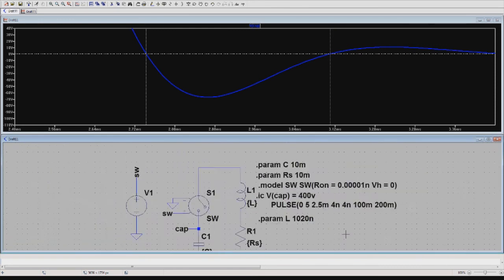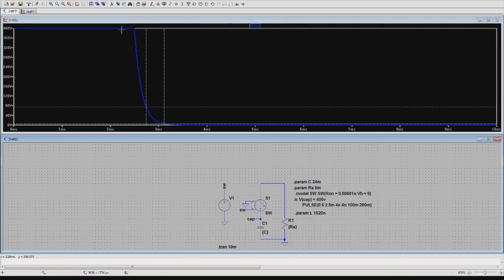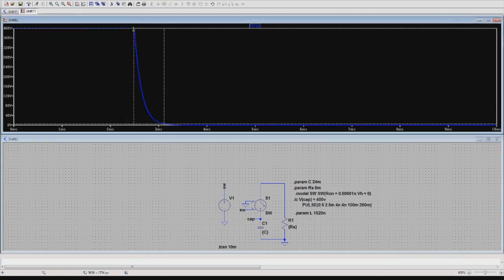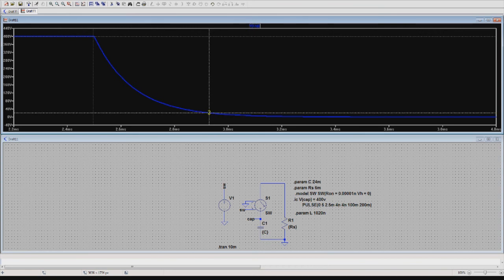Hold on, wait, maybe I see now I looked at the wrong value before, so maybe I was right after all regarding the 3 time constants. Let me see, I said about 400. Or maybe it was a little bit too much, the 3 time constants.